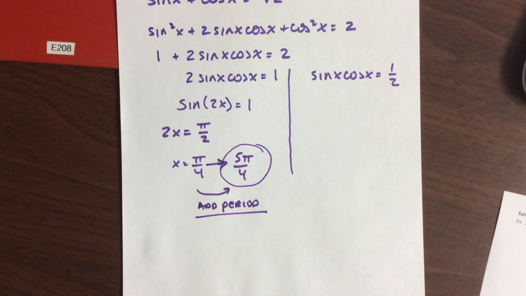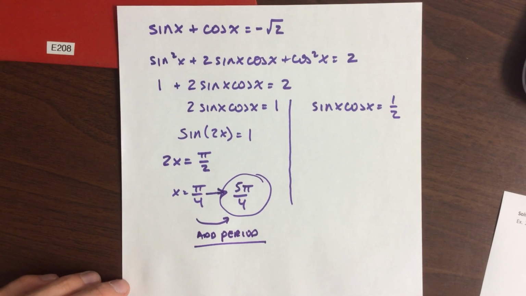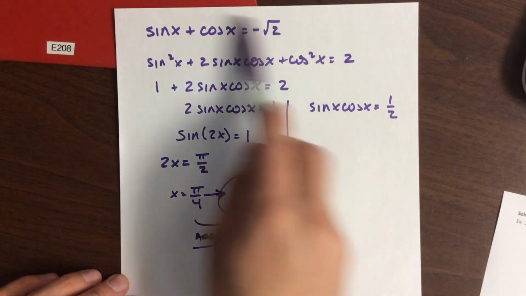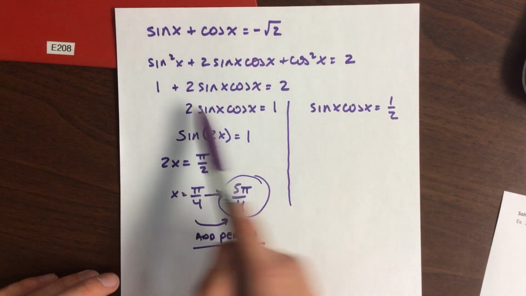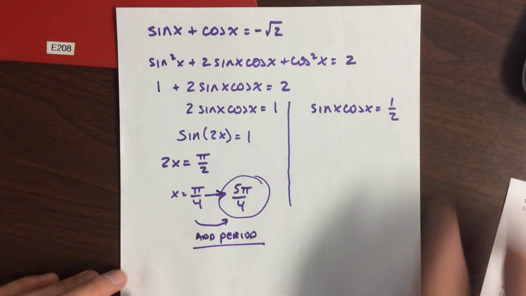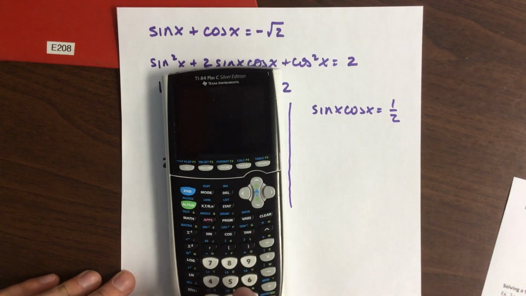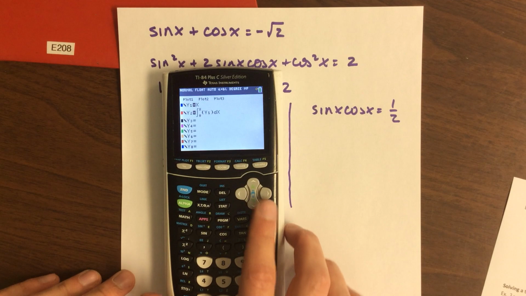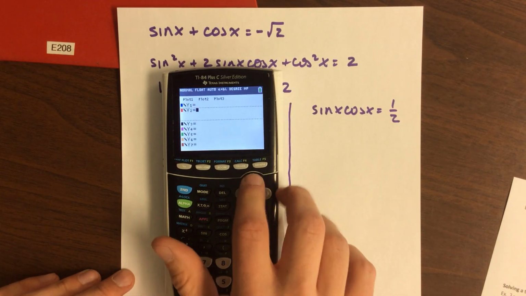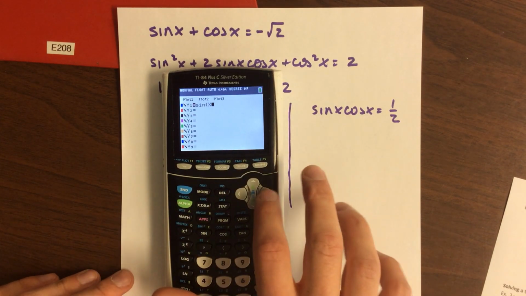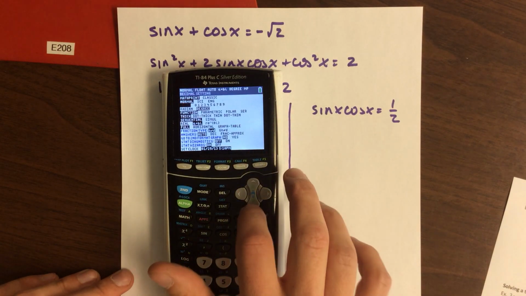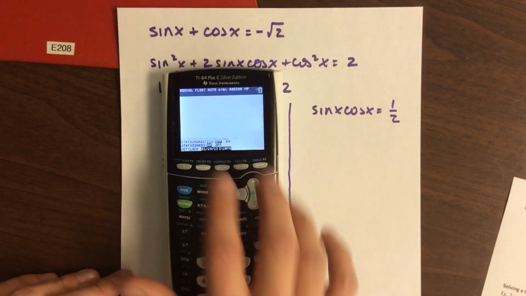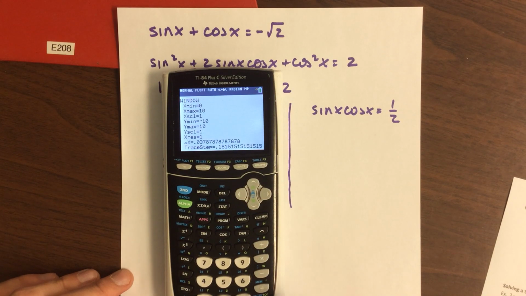What would help is you can always just take the original and graph it. If you pop this into the calculator, you're going to see some wave, and you can easily find a solution that way. So sine of x plus cosine of x. Make certain we are in radian mode.